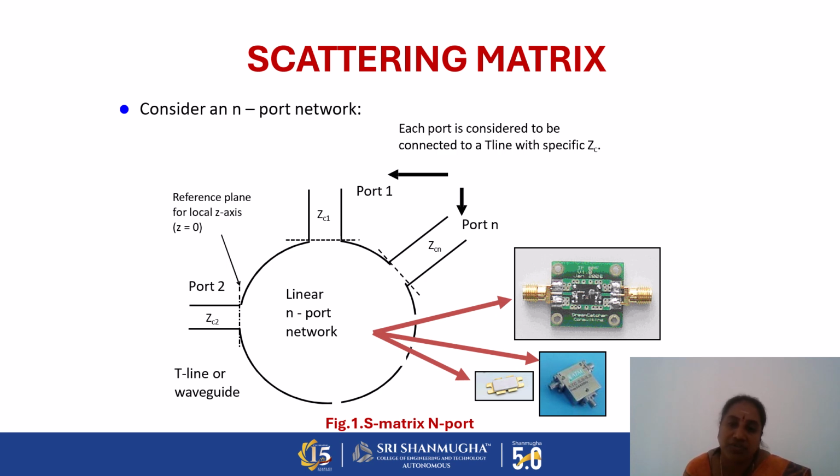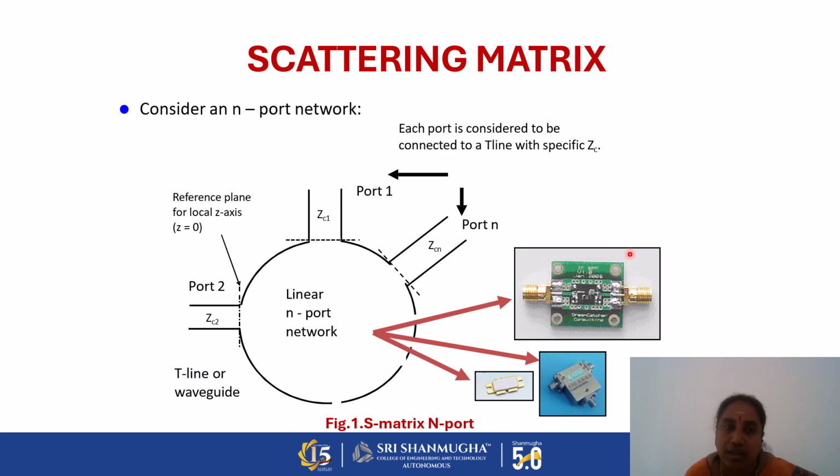A circulator is a three-port device, so for calculating the power level in the circulator we need to use a 3x3 matrix. Similarly, a directional coupler is generally a 4-port device, so we use a 4x4 S matrix calculation.